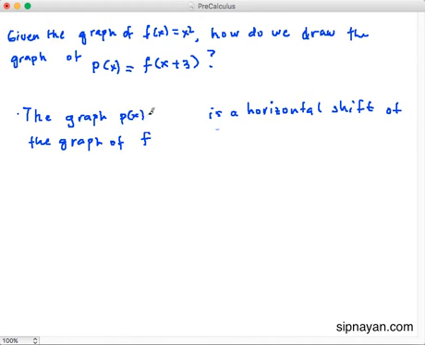P of X equals F of X plus 3 is a horizontal shift of the graph of f of x.